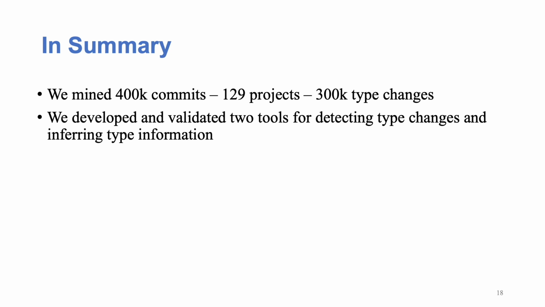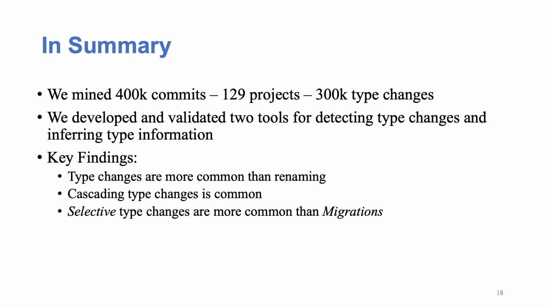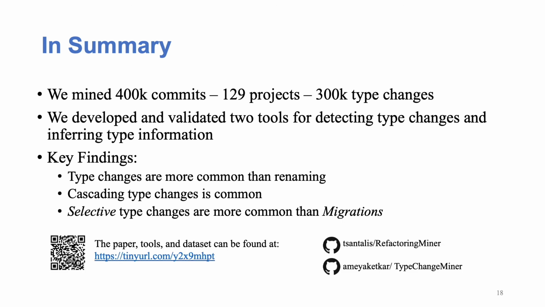Our key findings were that type changes are very common, even more common than renaming. Performing cascading type change is a very common practice, and developers perform type change in a more selective fashion. We discuss the implications of our results for researchers, tool builders, and language designers. Our paper, the tool, and the dataset can be found on our companion website.